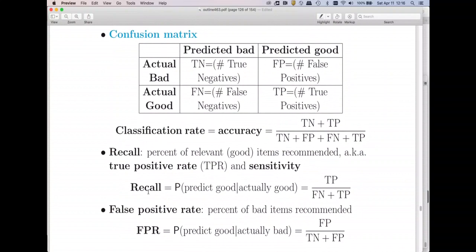Now, another really important conditional probability that we can compute off of this is called the false positive rate. The false positive rate, I think, is pretty self-explanatory. It's how many times does my model predict something that's good when it's actually bad? So this is also going to be a row percent. We're going to just focus on this row of the table, those that are actually bad.